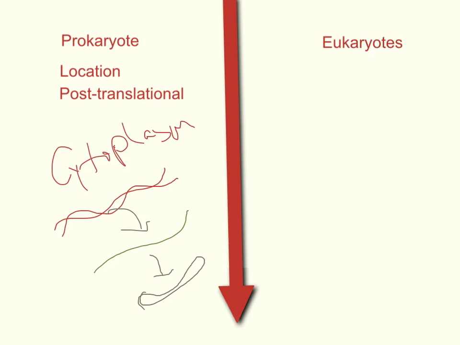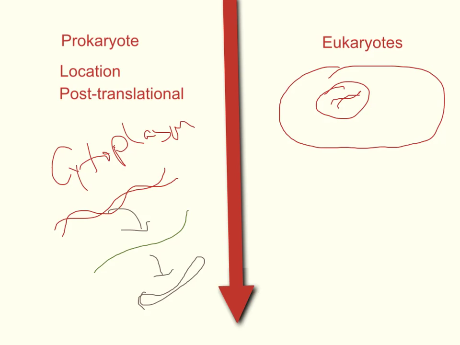Whereas on the eukaryotic side, remember in the eukaryotic side we have a cell, and that cell has a nucleus. That nucleus contains the DNA. But the ribosomes, again, the ribosomes is where this RNA is going to go to become proteins. Those ribosomes are on the outside of the nucleus.